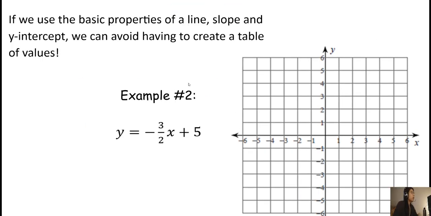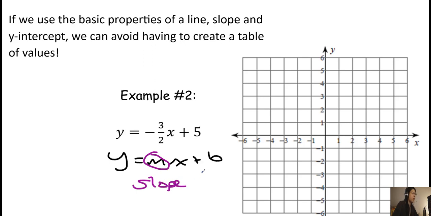So here we don't have a table of values, but we have a general equation in y equals mx plus b form. And if you remember, in y equals mx plus b, let me just write that in, y equals mx plus b. The m stood for slope, exactly, if that's what you said.